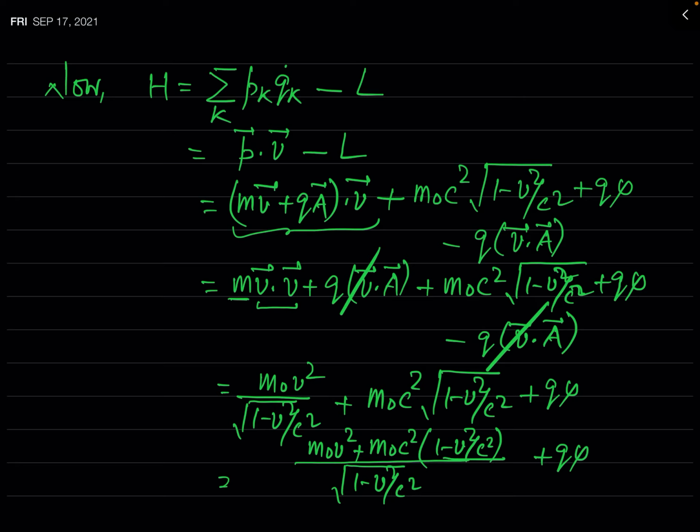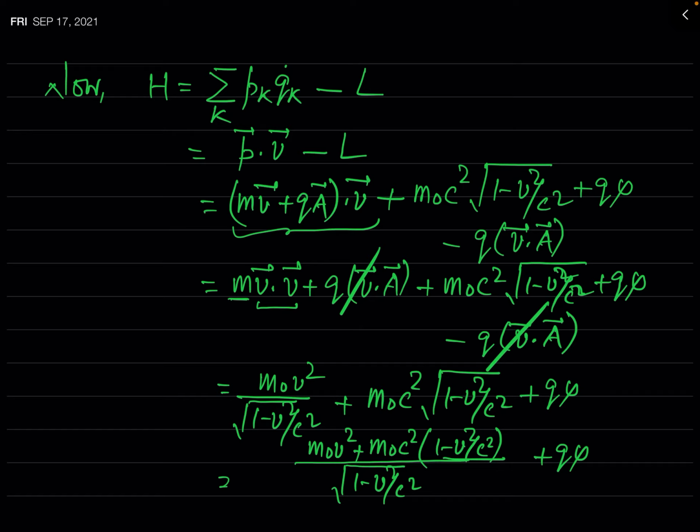I have taken this q phi separate. Now simplify this expression. When we multiply m naught c square to these terms, the first term will be m naught c square and the second will be minus m naught v square, because c square and c square will cancel out. But that minus m naught v square will cancel with the term m naught v square. So you can see in the numerator, finally we will have m naught c square.